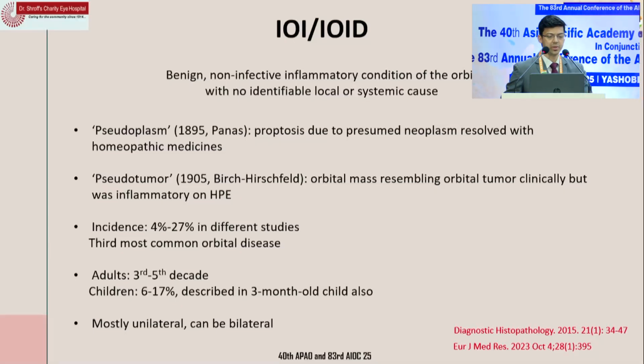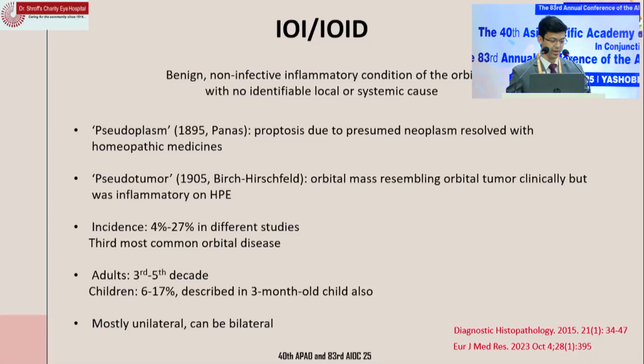Idiopathic orbital inflammation is a benign, non-infective, inflammatory condition of the orbit which does not have any local or systemic cause identifiable. It was previously known as pseudotumor, and it is the third most common orbital disease.